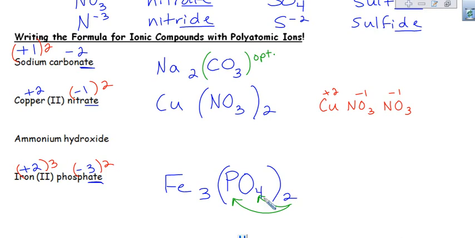The one in the middle is kind of a goofy one. Ammonium hydroxide. This is one that people get wrong a lot. Ammonium is a positive polyatomic ion. Its charge is +1. Its symbol is NH4.